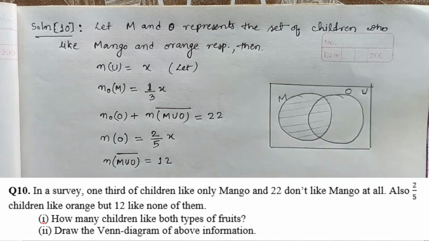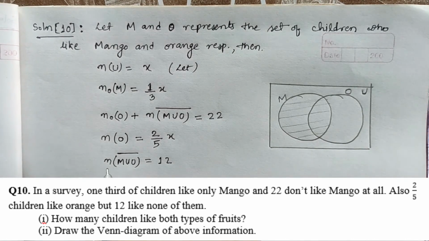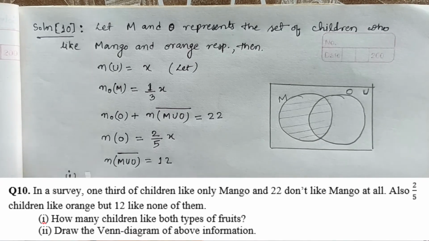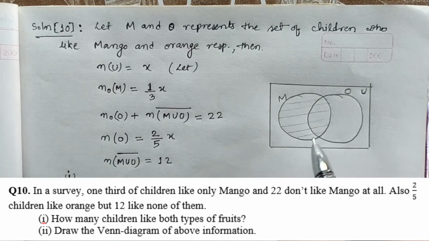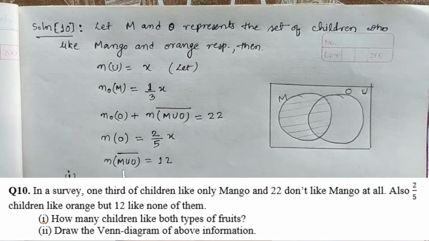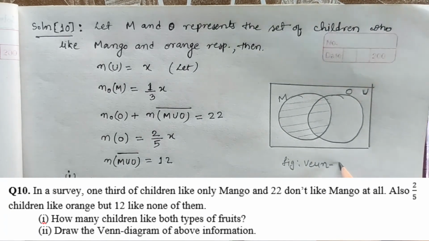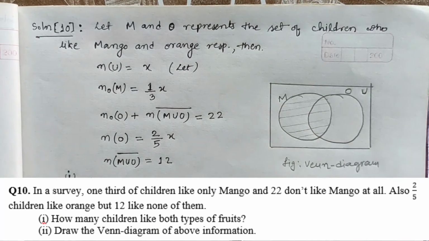Now we are going to find how many children like both types of fruit. In part one, we will write the values later in the Venn diagram, after finding them. As the question says, draw the above information in a Venn diagram.